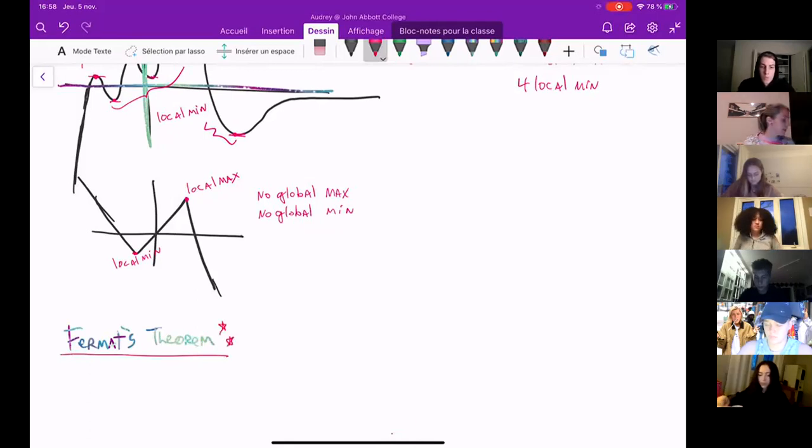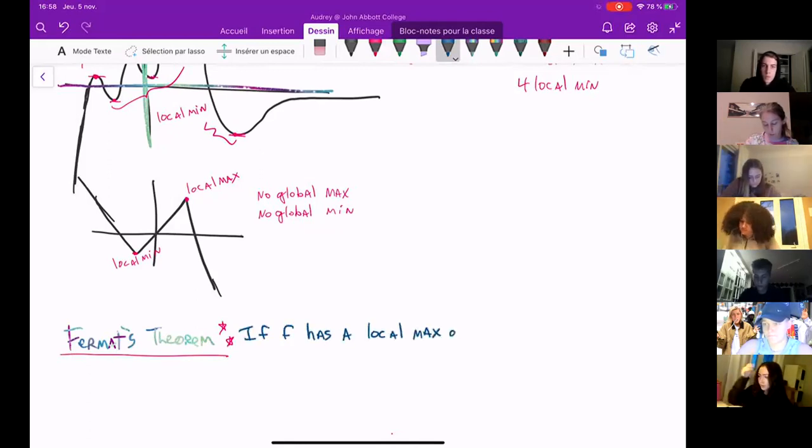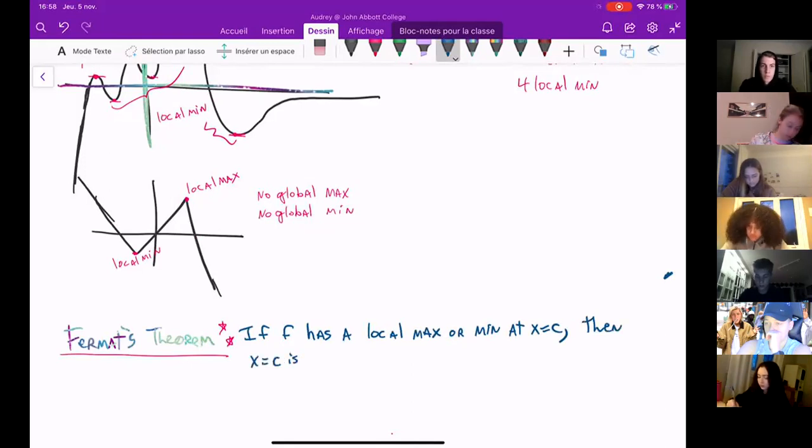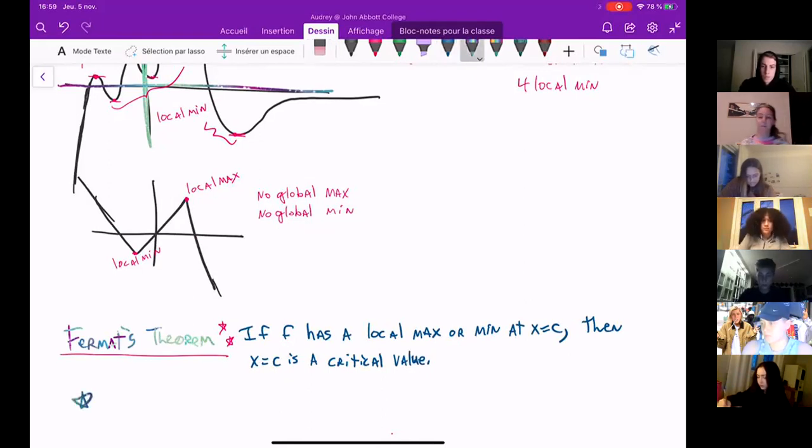And what Fermat's theorem specifically says is that if f has a local max or min at x equals c, then x equals c is a critical value. So another way of saying this that maybe makes more sense is that max and min only occur at critical values, but not all critical values are max and min.